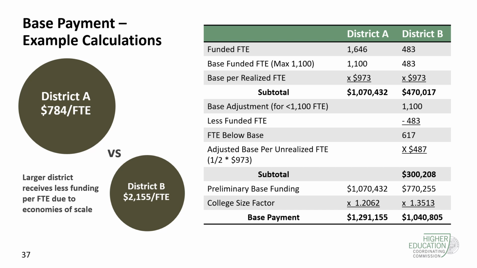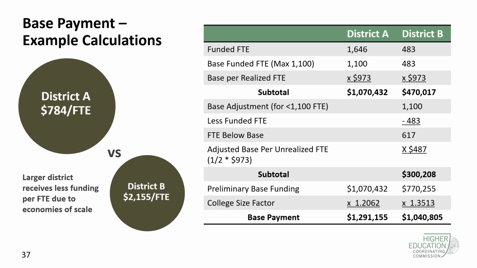So that difference, 1,100 minus the 483, of 617, that number of FTE is multiplied by $487 per FTE, which is half of the 973, or half of the realized FTE amount. And so 617 times $487, $300,000. So added to the 470, you get a total of 770.